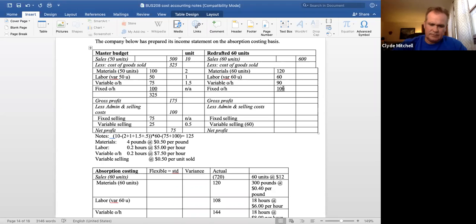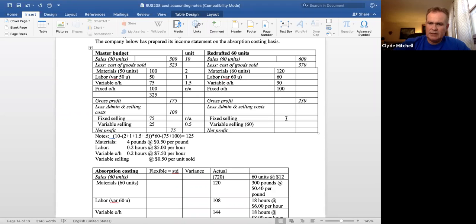So if we add all those up together, 120 plus 60 plus 90 plus 100, that gives us a total of 370, which means that our gross profit is going to be 230.